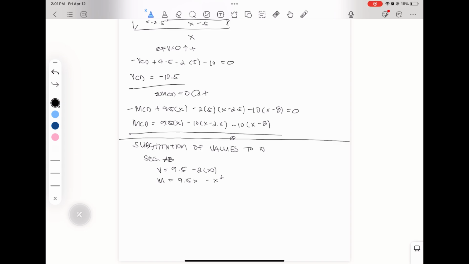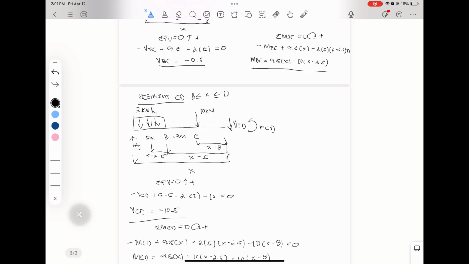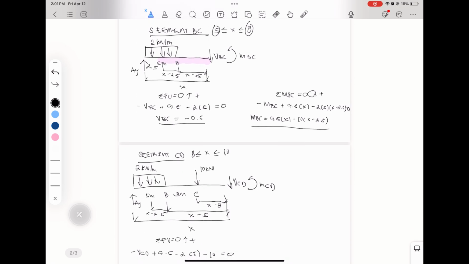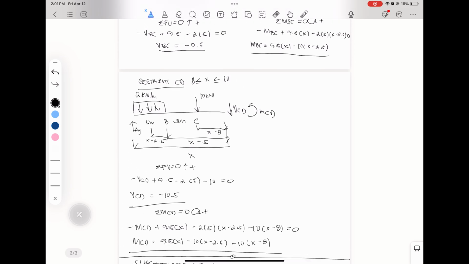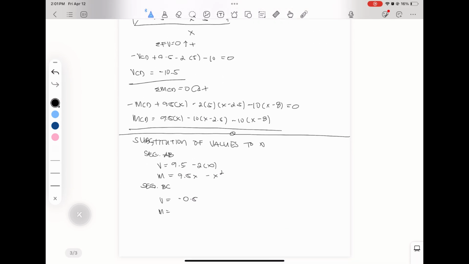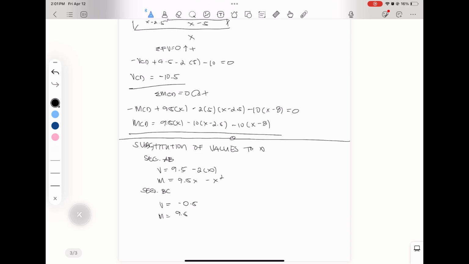And then for segment BC, shear is equal to negative 0.5, so there's no x here. And moment is equal to 9.5x minus 10 times x minus 2.5.